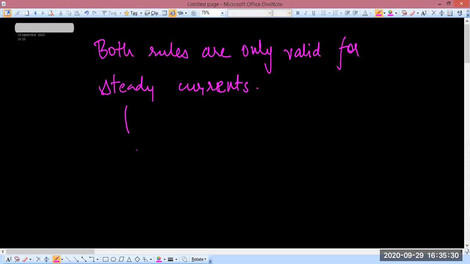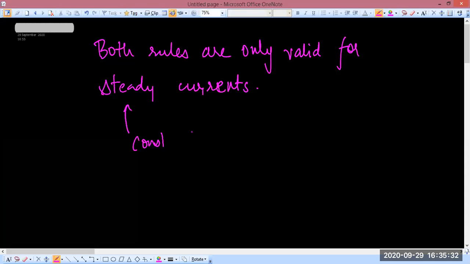Steady current means constant current, a current that does not change with time. Steady means constant current. Okay, please don't forget that. Now this rule is okay, right? I think all of you would have understood this rule. Both the second and the first fit into your common sense, right?